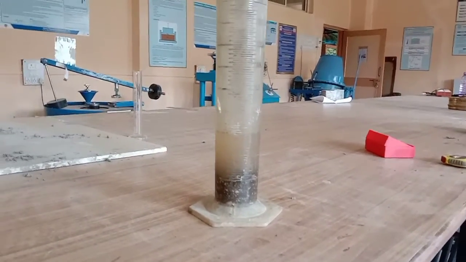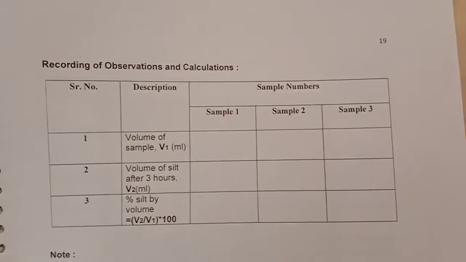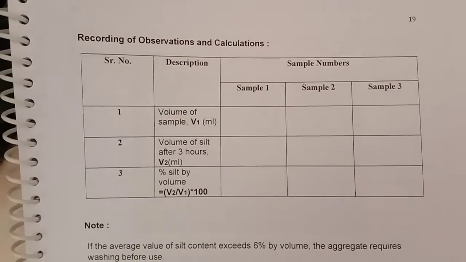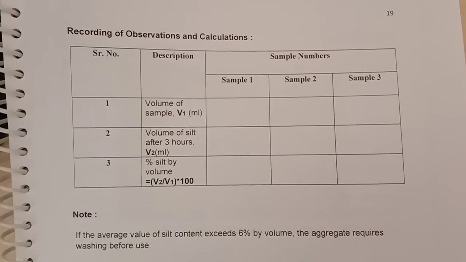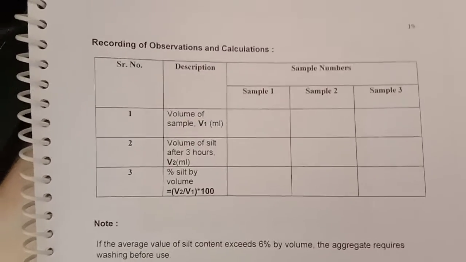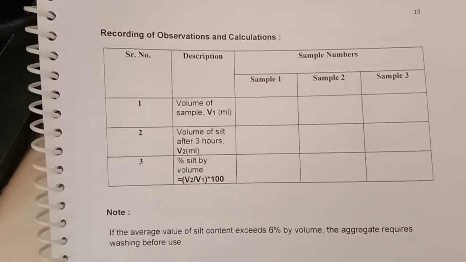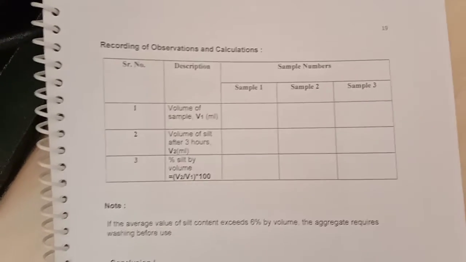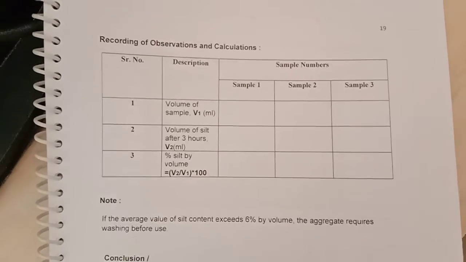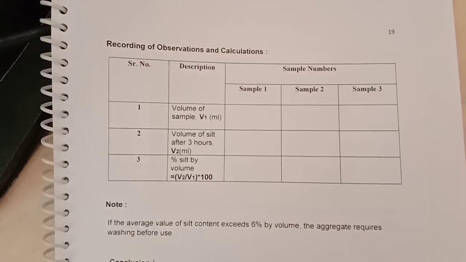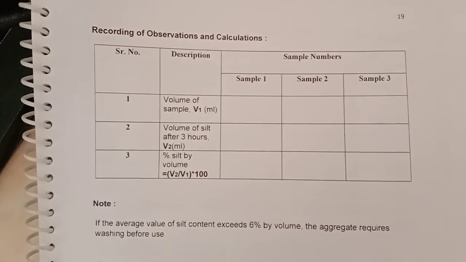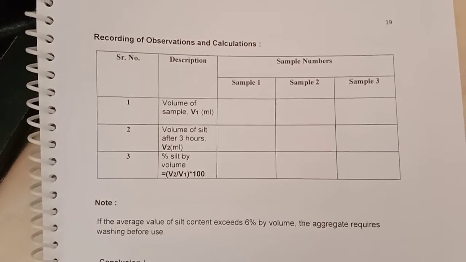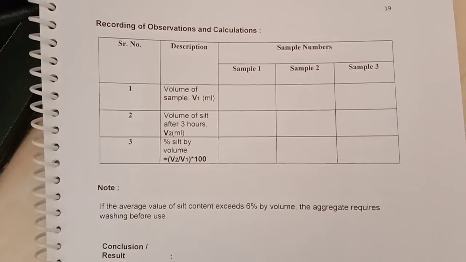After that, this is the observation table where the volume of sample, V1, in ml, was 150 ml before 3 hours. We have to take 3 samples, meaning we repeat this procedure 3 times. The second observation is the volume of silt after 3 hours, V2 in ml.